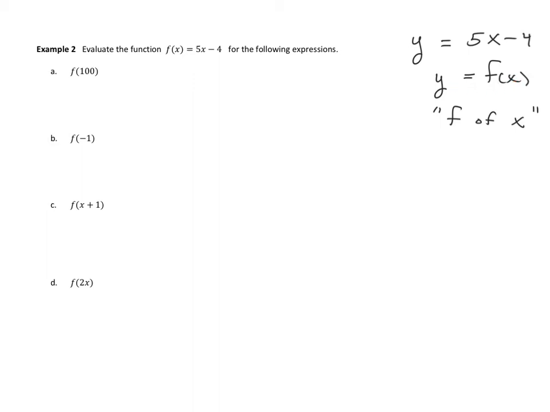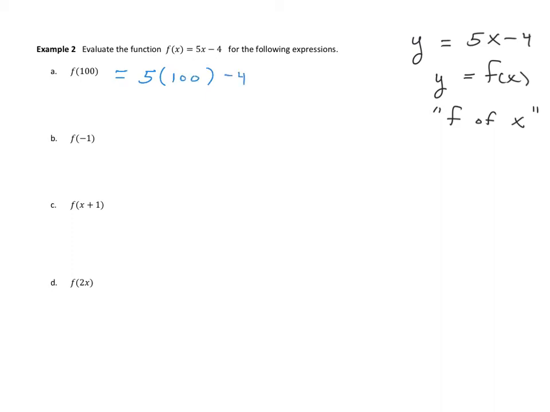Let's try it out here. So for this function, what is f of 100? What this symbol means is you're choosing 100 for your x value, your input, and you're asking, well, what does the function do to that number? To figure that out using this formula, you put 100 in place of x. So it would look like this. You'd write down 5, open up a set of parentheses and put in the input, and subtract 4.